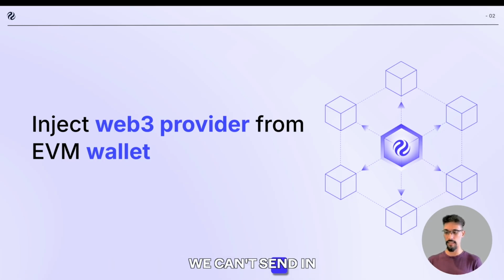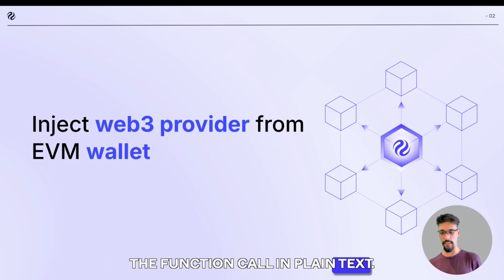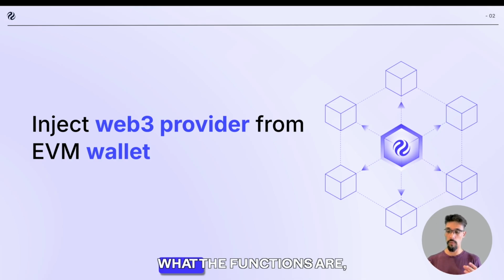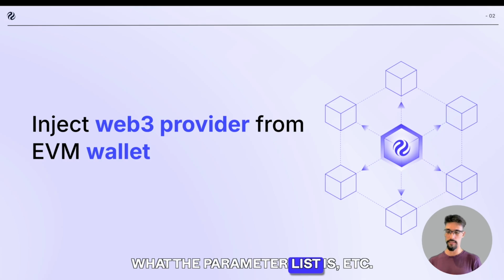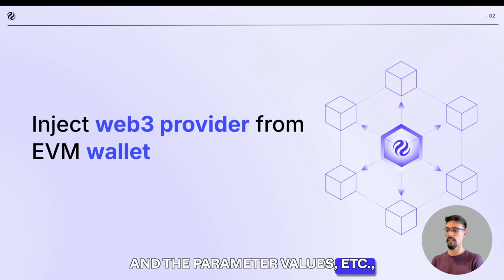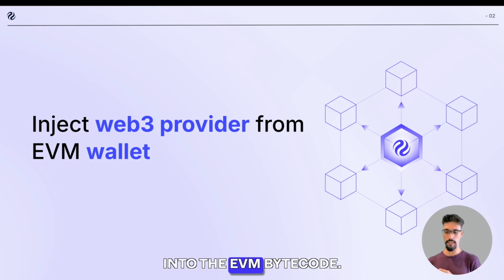We can't send in the function call in plain text. With the ABI, it knows what the functions are, what the parameter list is, etc., and then it can use that to convert our method names and the parameter values into the EVM bytecode. So that's a translation function.